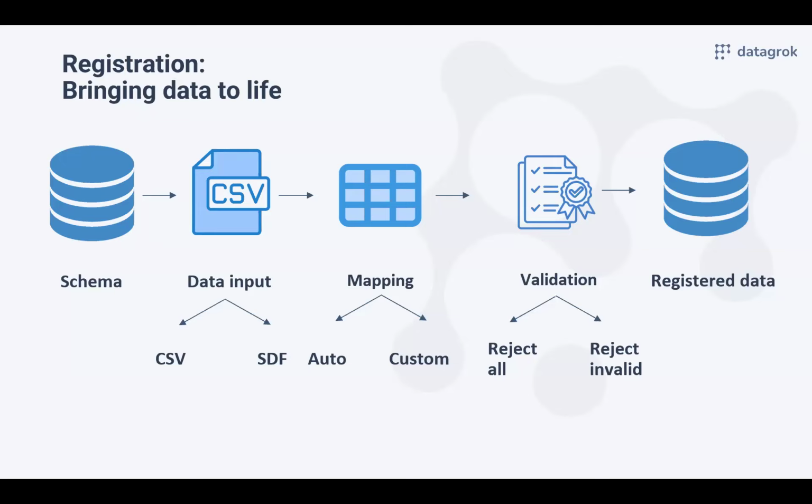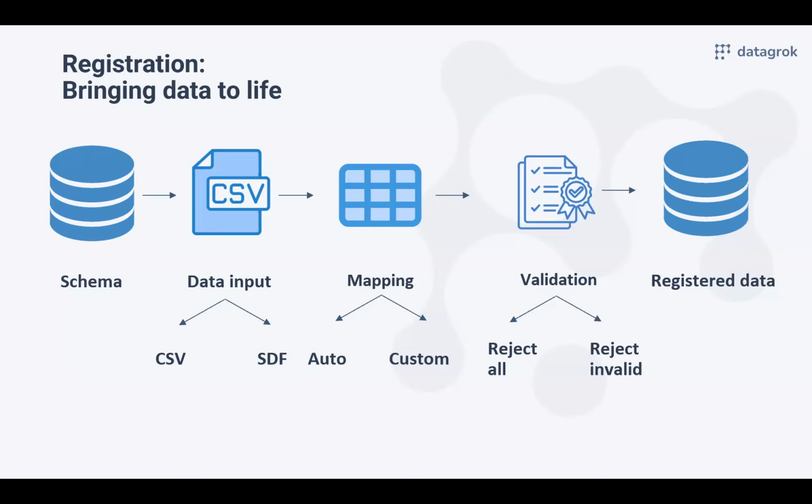But if you want to come up with your custom mapping, you know better than we do, that's fine, that's totally fine. You can come up with your custom mapping, you can pick it up, and it will work the same way. But I would really advise you to take a great look at what you are sending to the system.